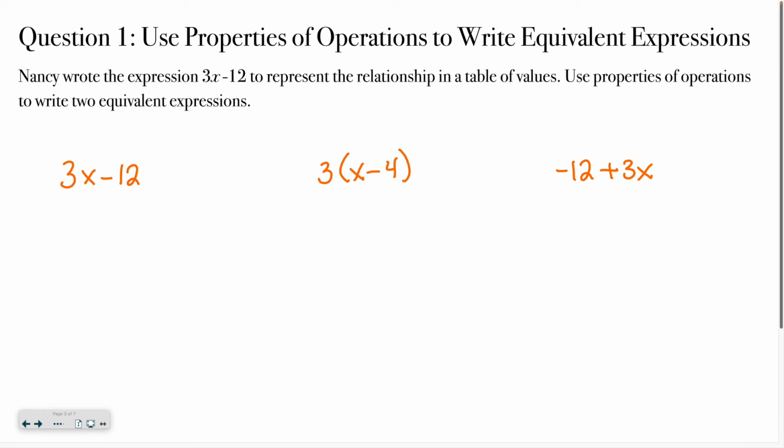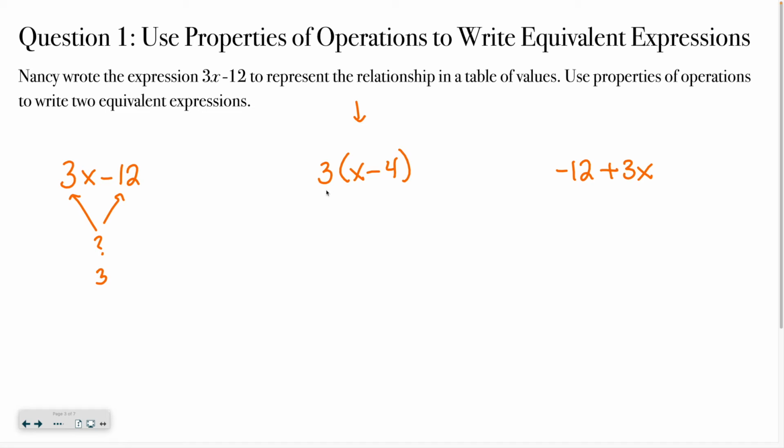All right, for this problem, maybe you got these as two other equivalent expressions if you were following the pattern from the first example. For this center one, you factored. Maybe you remember that word. That's another thing I introduced to you along with that distributive property, where you take things out, right? You say, okay, well, what do 3 and 12 have in common? Well, they're both divisible by 3.